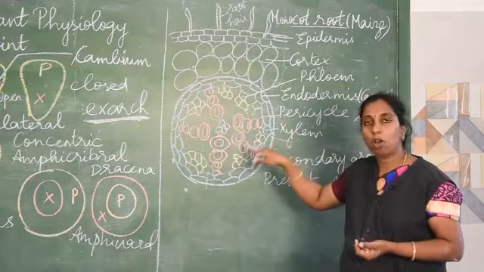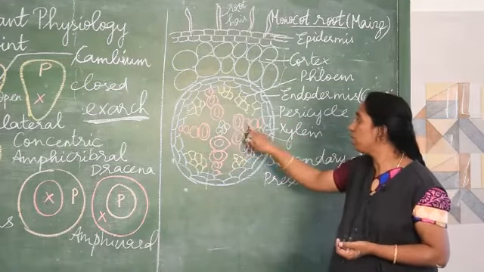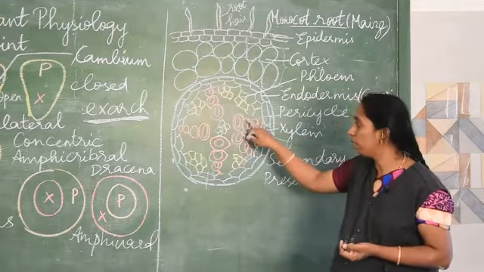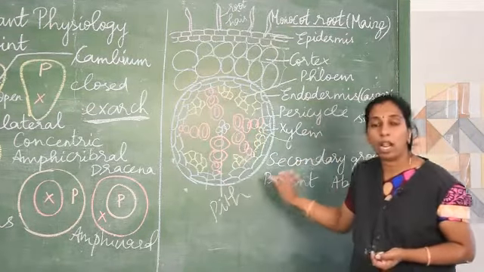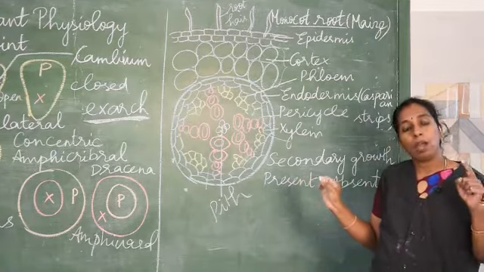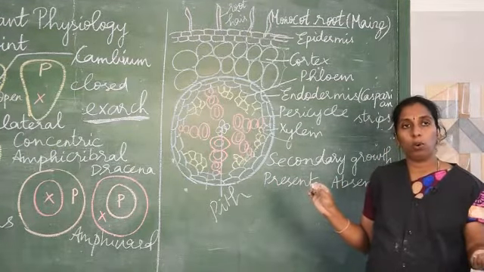Here in this monocot root, the difference is there are so many vascular bundles and in the middle there will be pith.